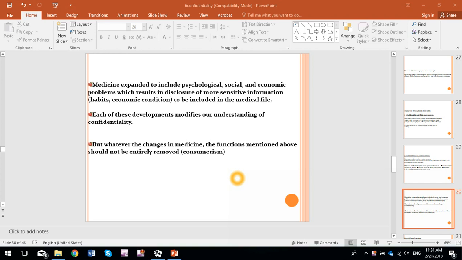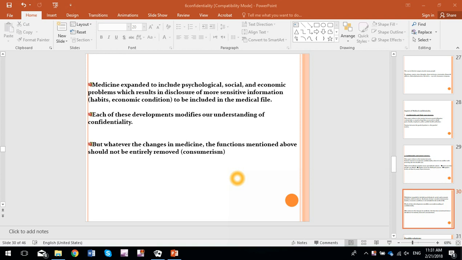All these are included in the medical file, which results in disclosure of more sensitive information like his or her habits and the economic condition of the patient. If you look into the medical file, you can see so much social, psychological, and economic information related to the patient beside the physical complaint, the family history, and the present and past history of the disease.